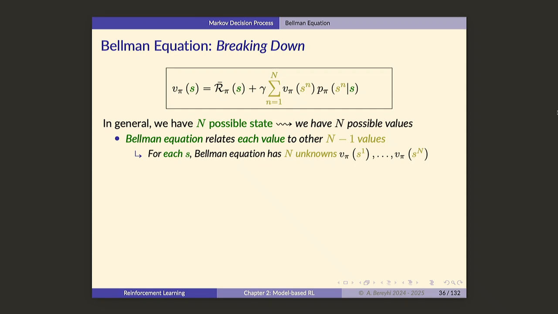So your value function could have n different values at n different states, right? Now, if I just choose one of the states, then I can check the value of that state using this equation, right? Now, if I write down that equation, how many unknowns are inside this equation?